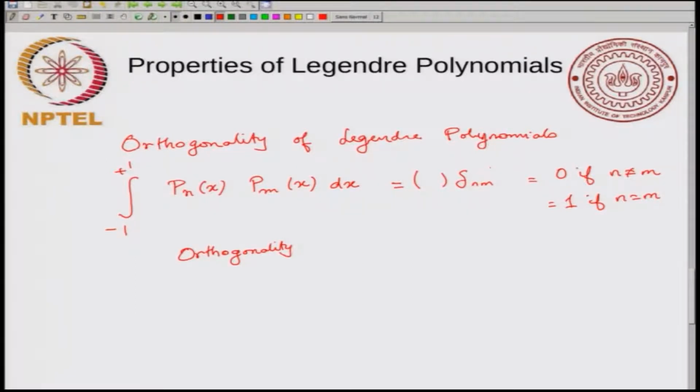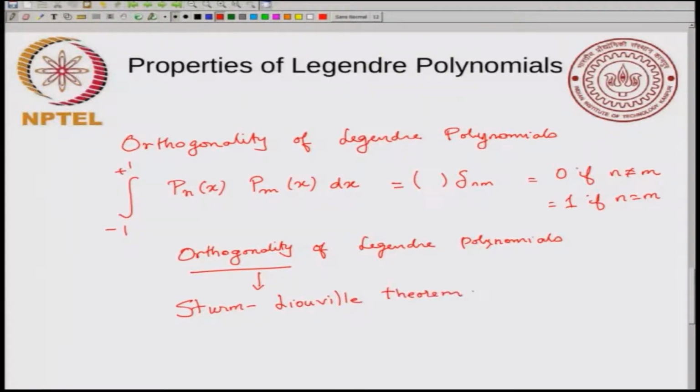Now what we say is that this is the orthogonality of Legendre polynomials. In advanced classes you might learn that this orthogonality is related to something called the Sturm-Liouville theorem, which we will not be doing in this course.